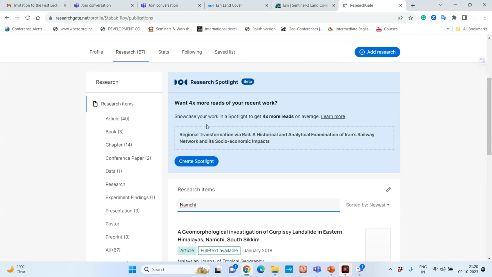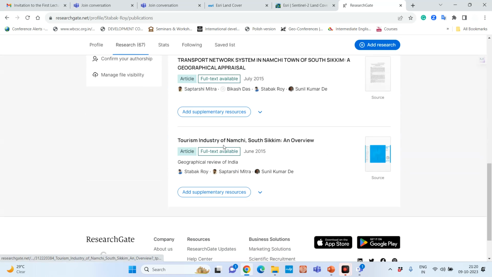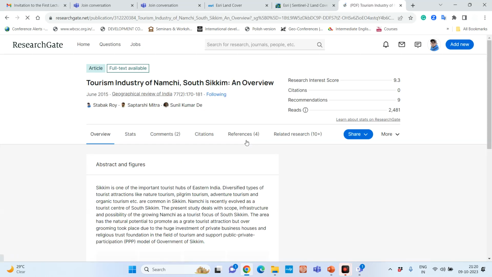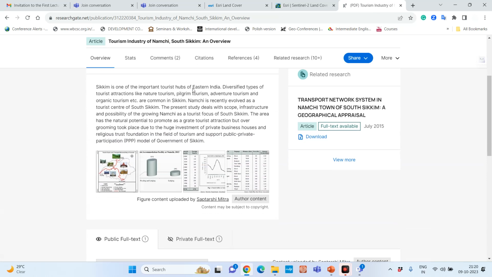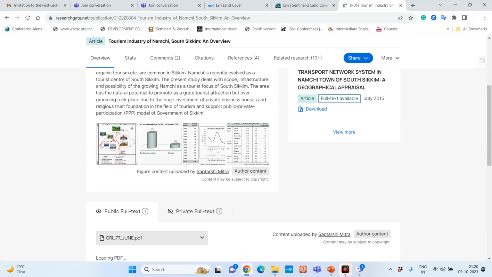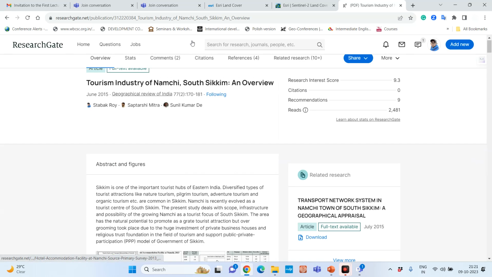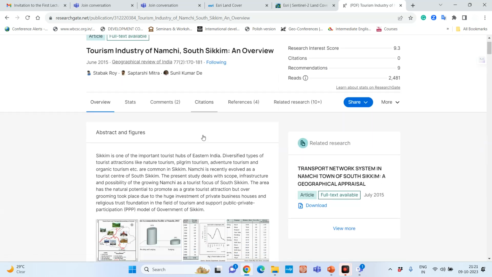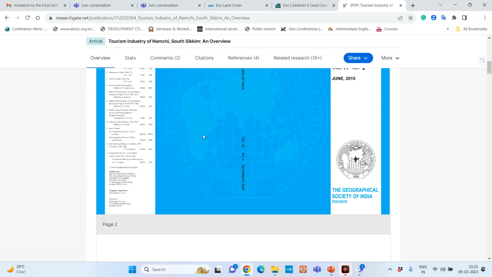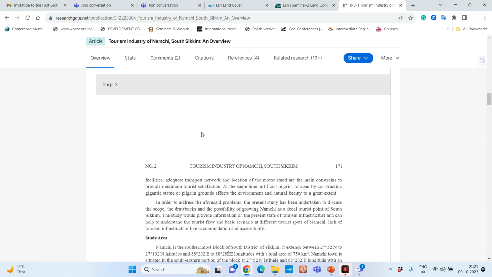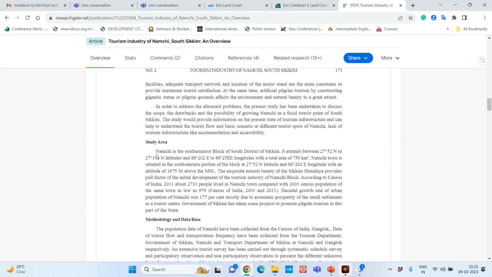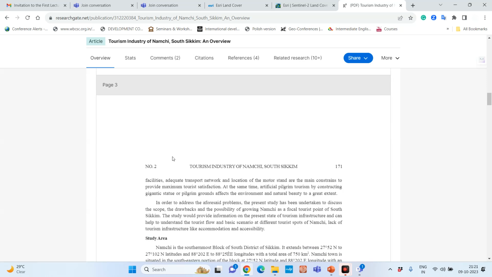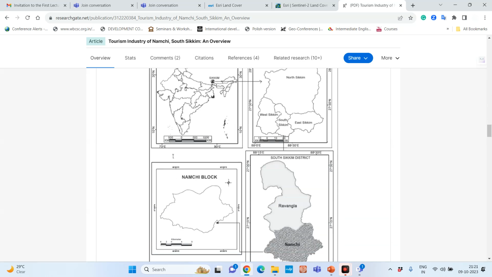Here I need to write. I wrote a paper on the tourism industry of Namchi, Sikkim. Many of you who are from Asia, especially India and Bangladesh, know that Sikkim is a northeastern state of India. In that particular paper, we used the GIS technique, and I will show you only that part.